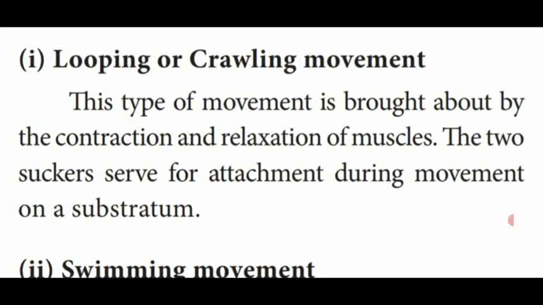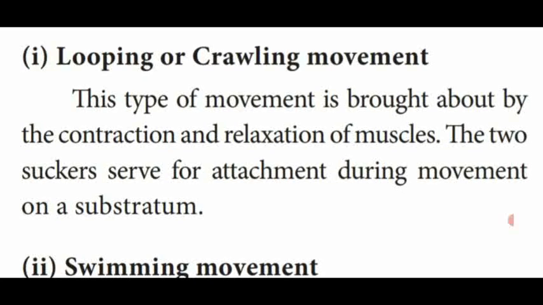Anterior sucker and posterior sucker, which are giving attachment to the surface or the substratum. At the time of movement only, the suckers are attached to the substratum. So that type of movement is called a looping or crawling movement.